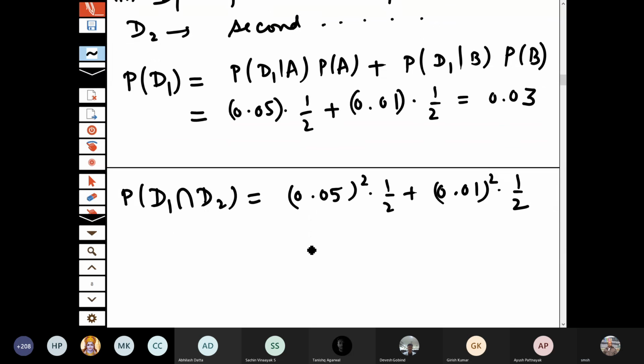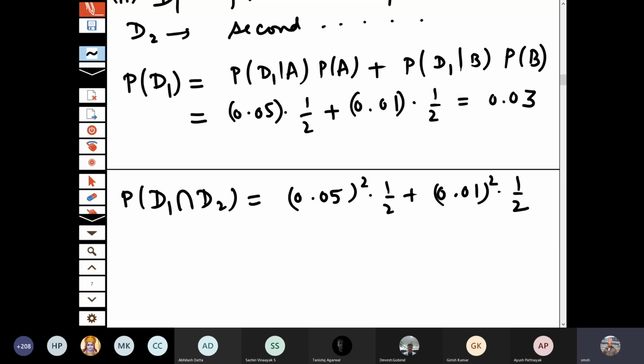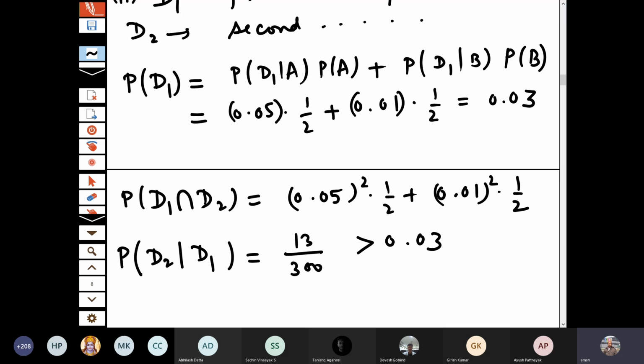So you look at the ratio here, probability of D2 given D1, that is 13 by 300, that is greater than 0.03. So again here you can see that the conditional probability that the second is defective, given that the first one is also defective, increases.